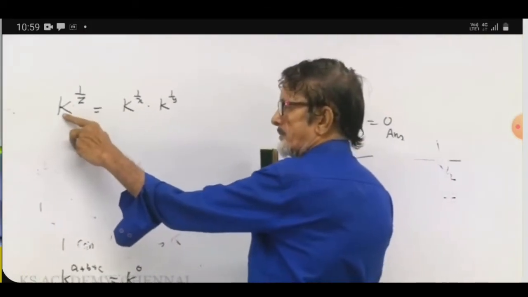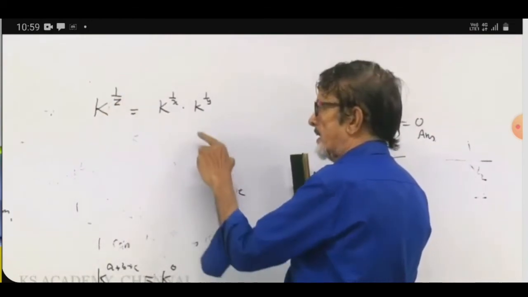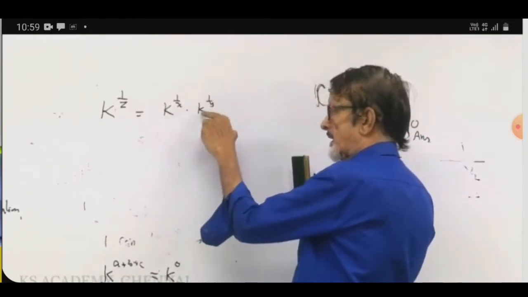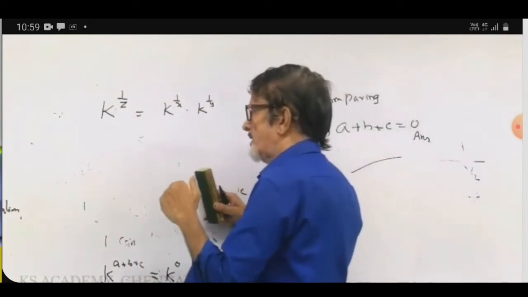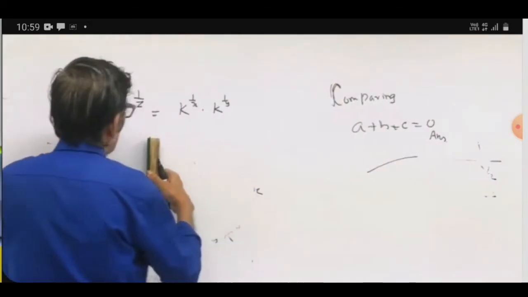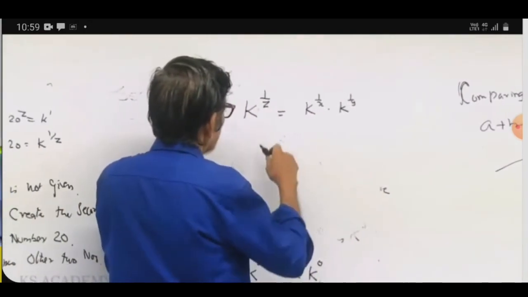Single base. Double base on the right, you have to make it single. If we make left and right single base, we can apply inference.